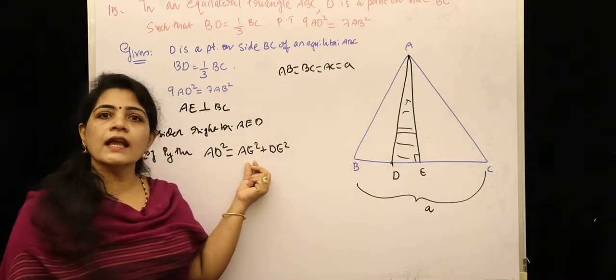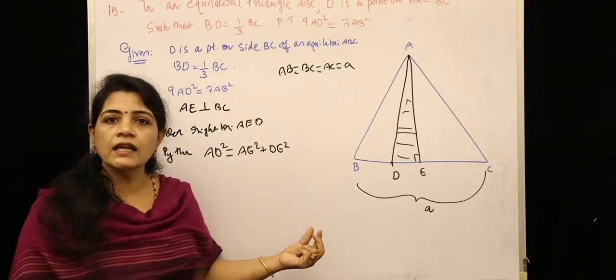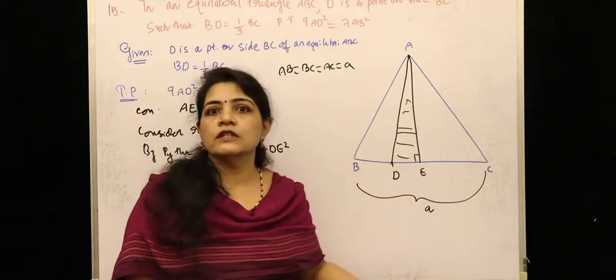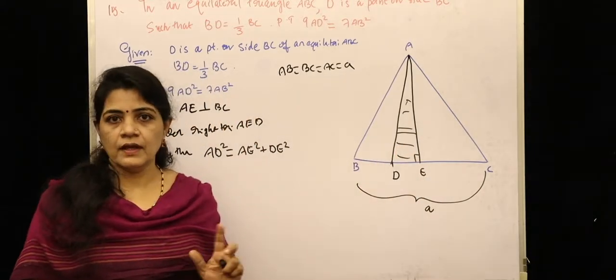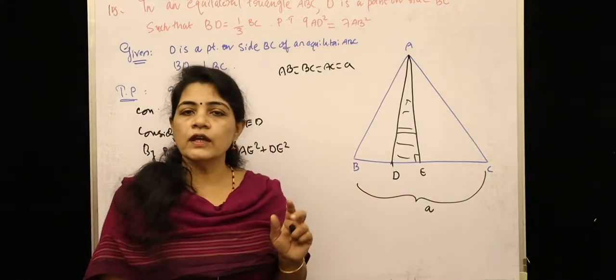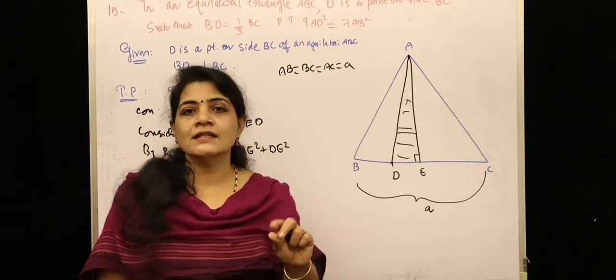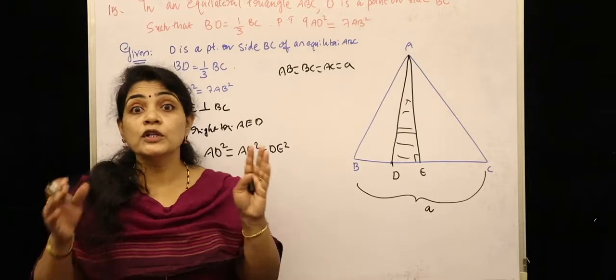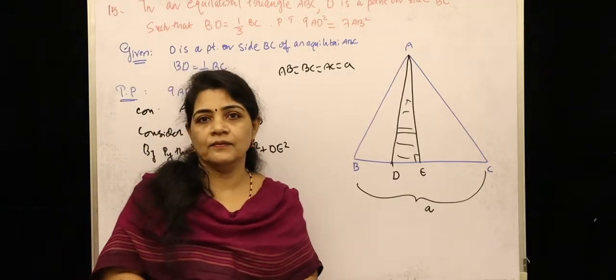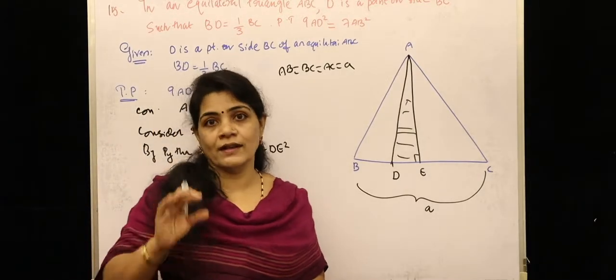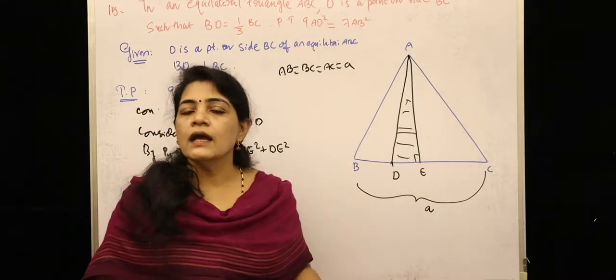See here, what is AE? By construction, AE is the altitude of this equilateral triangle. We know that in an equilateral triangle, the median is equal to the altitude. Altitude and median will coincide only in an equilateral triangle, and here the given triangle is equilateral.